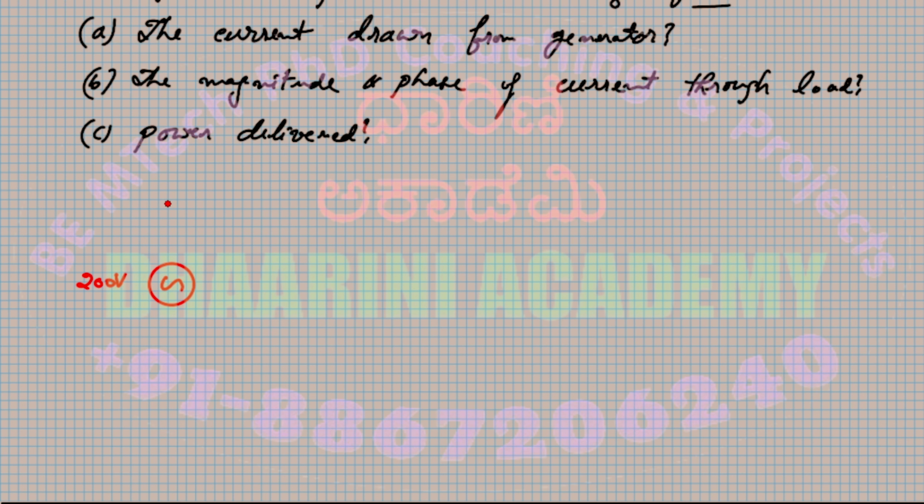Normally, again from the basics of electrical, if an internal resistance comes, it is always in series. That's also 200 ohms, as mentioned.